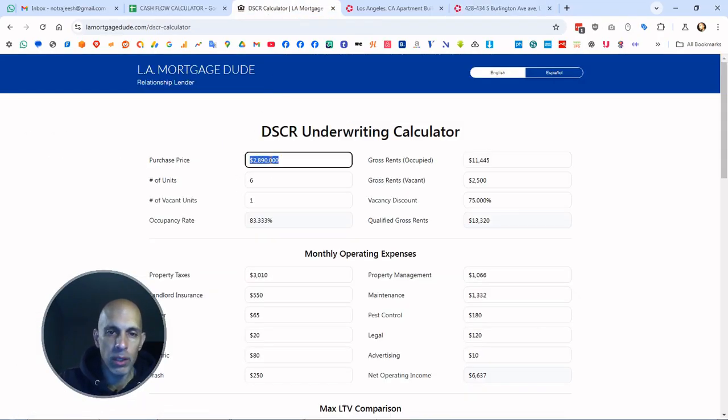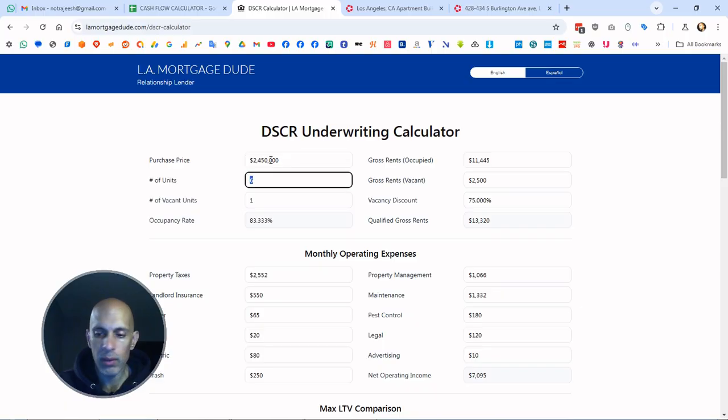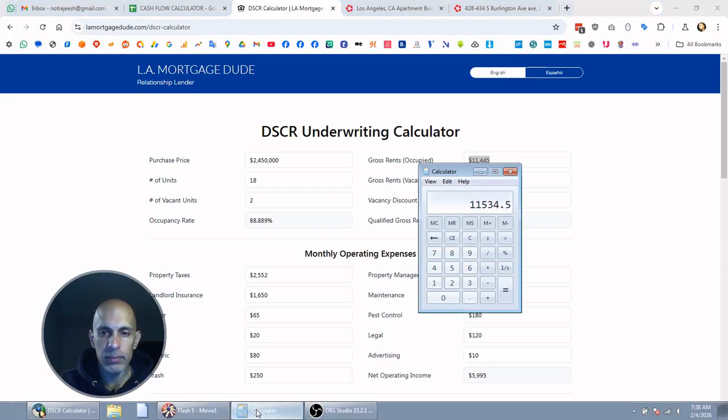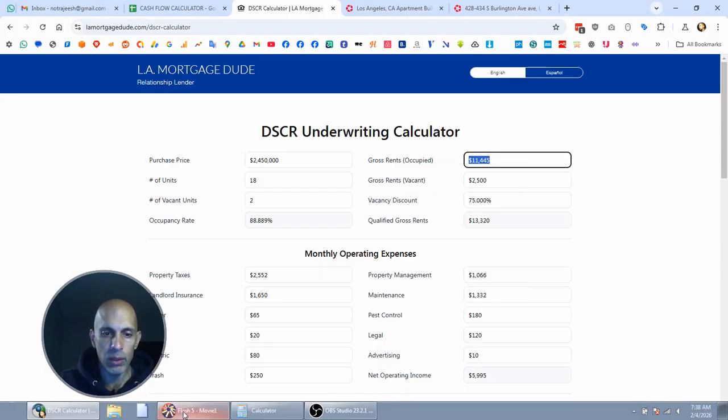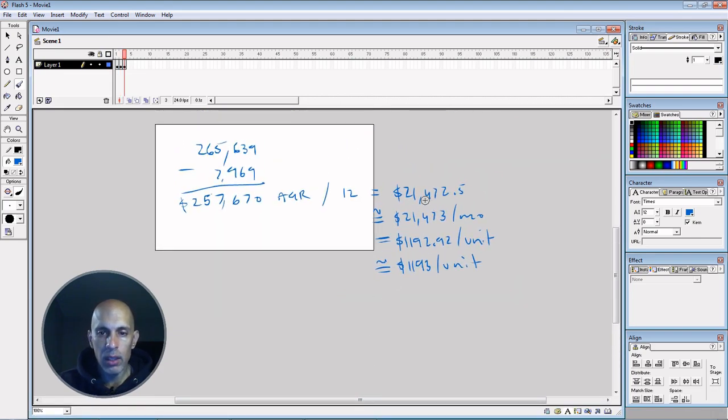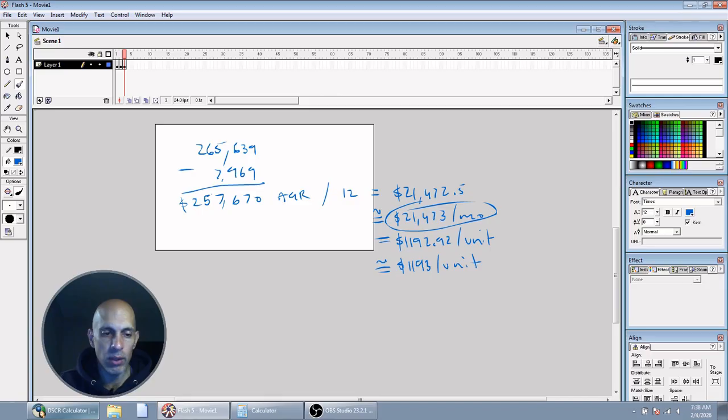So we are going 2, 4, 5, 1, 2, 3, 4, 18 units, 2 vacant units. What was the gross rents again? 21,473.